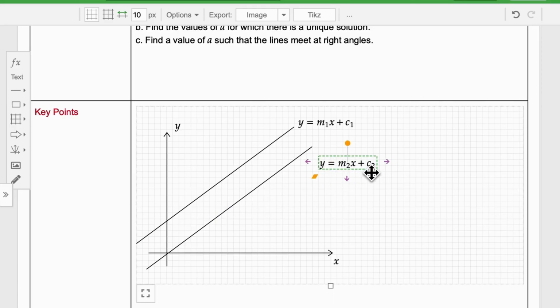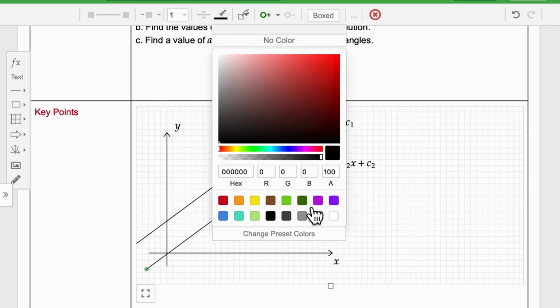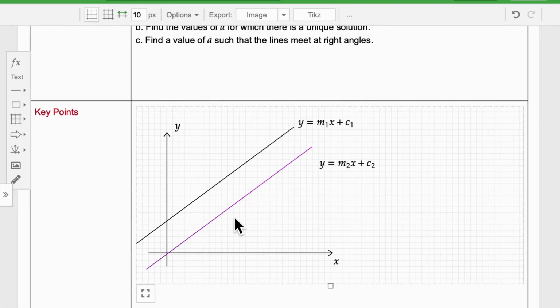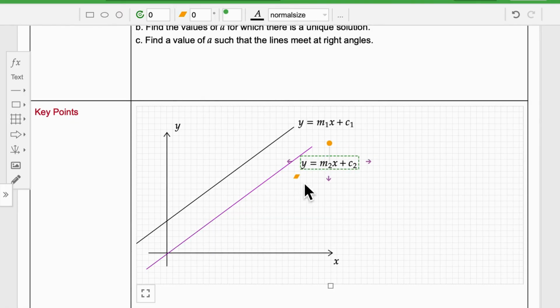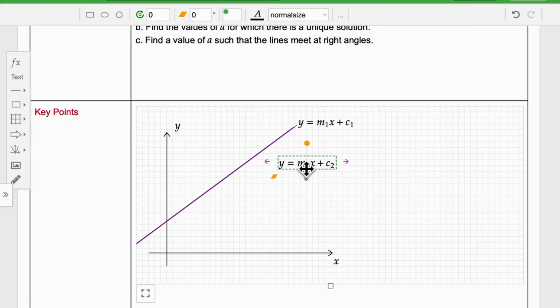Right, so what are the conditions so that these two lines will have infinitely many solutions? Let me turn this line in pink color. It would be when they are overlapping each other, right? Can you see? What happens when they are overlapping each other?